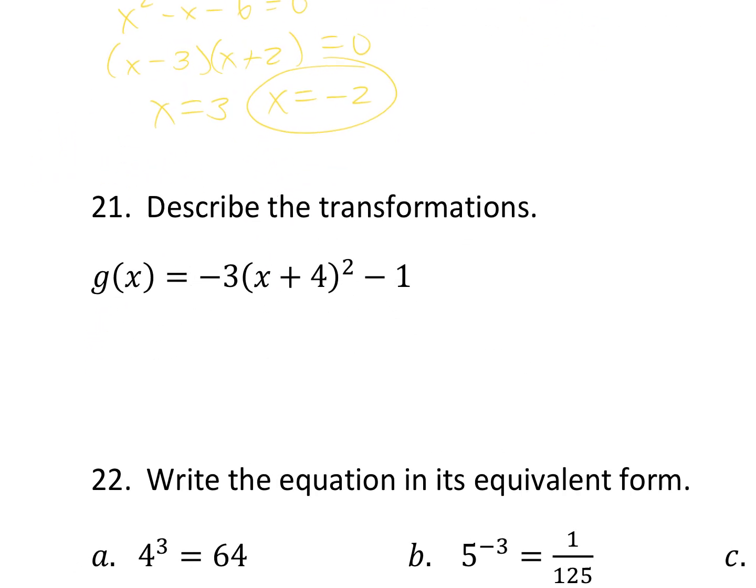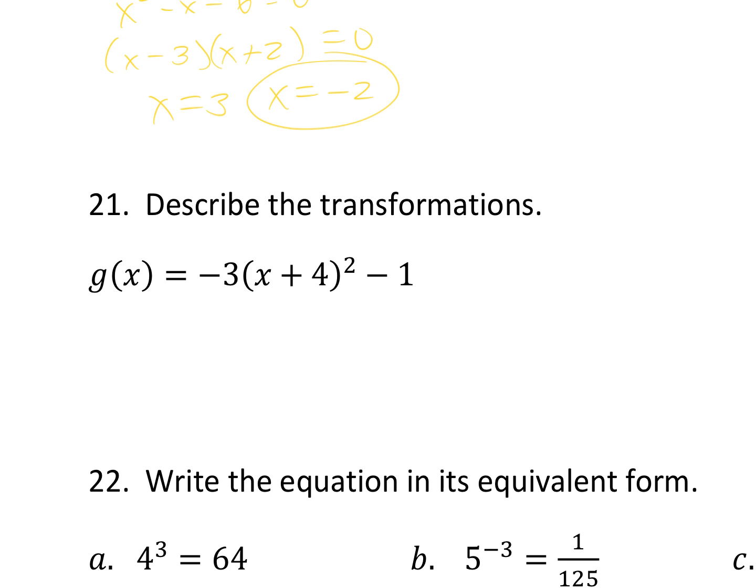All right, describing the transformations. Whew, this should go quickly, guys. What does this negative right out in front mean? Reflect where? Good, over x. What is this 3, this number that is greater than 1 out in front? It's a vertical stretch. What is this plus or -1 out here at the back?